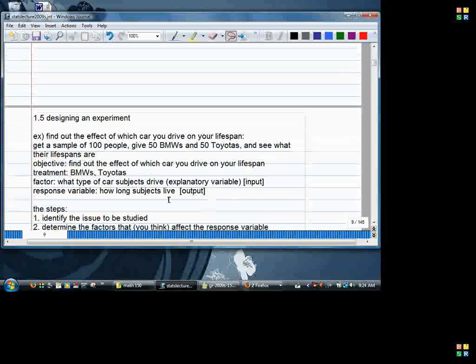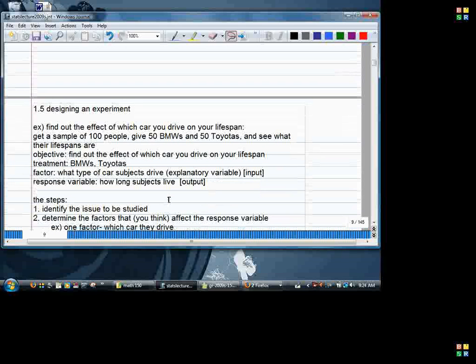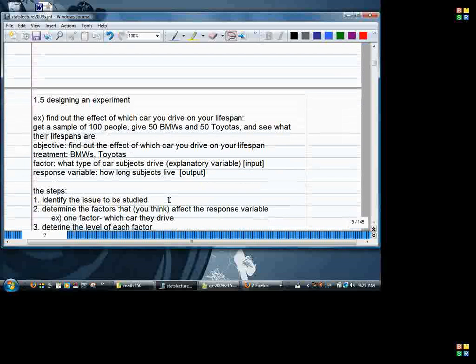If you think of the example that we talked about last time, you would say, does making a suggestion affect the type of ice cream that people buy? So you'd decide you want to study that. Okay. 3, you determine the levels or the treatments for each factor.